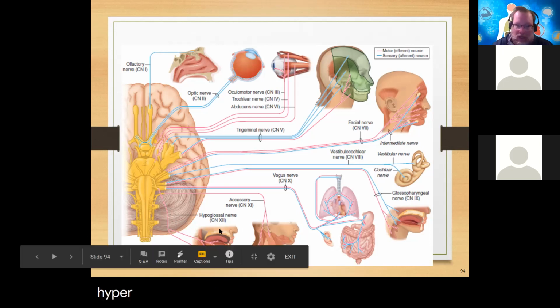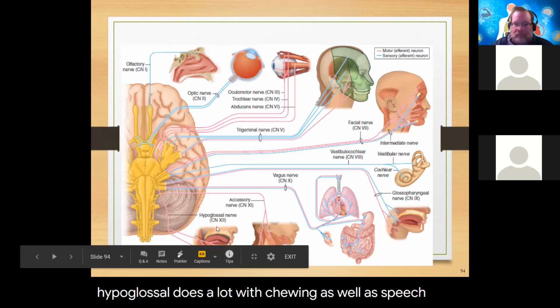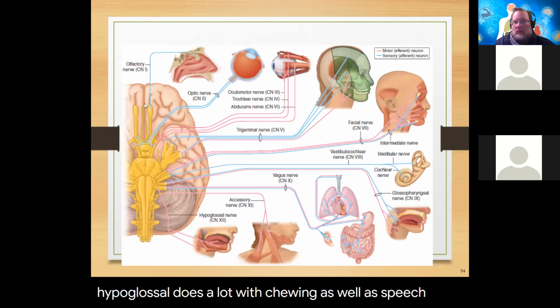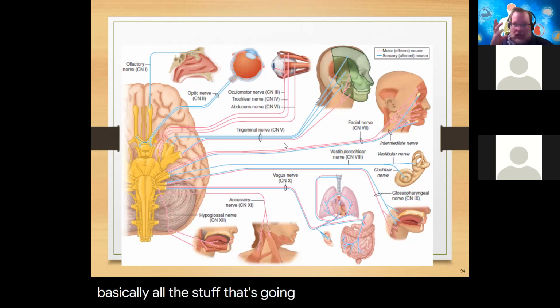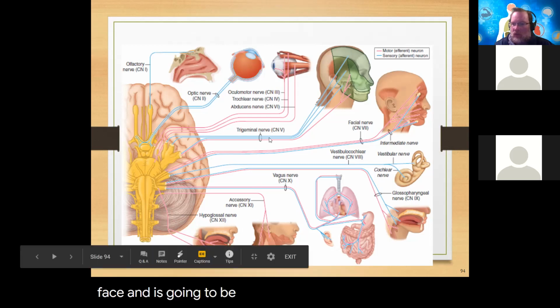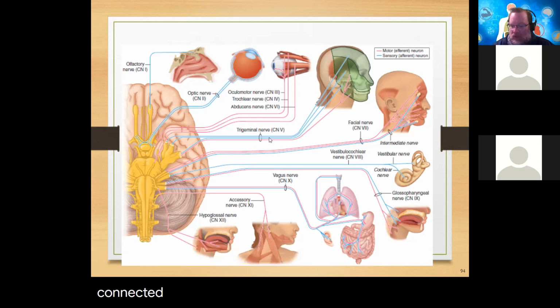So hypoglossal does a lot with chewing as well as speech. So basically, all the stuff that's going on in the head and in the face is going to be controlled and dictated and connected with the central nervous system via these cranial nerves.